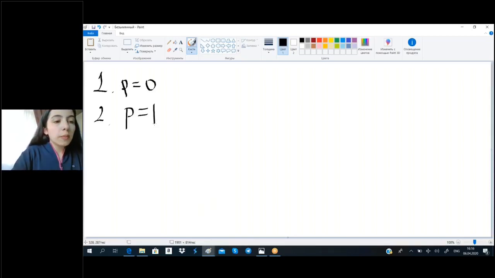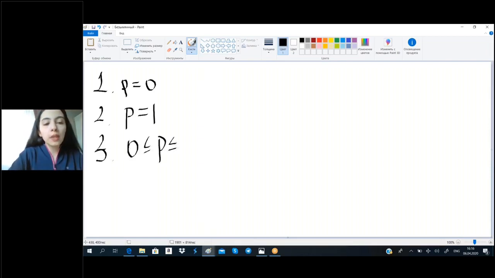Third one, the probability of any event is always between 0 and 1. Why? Because I said it before, probability is a fraction where we have the number of total events in the denominator and the number of needed events in the numerator.